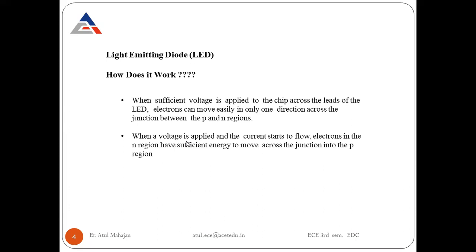When the voltage is applied and current starts to flow, electrons in the N region have sufficient energy to move across the junction into the P region.